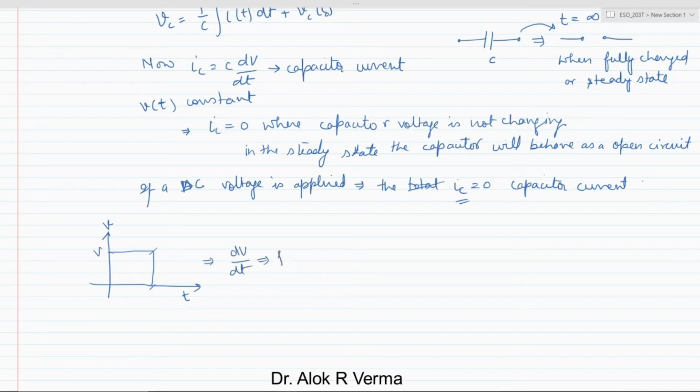This dV by dt multiplied by the capacitance, the iC current will shoot up very high, and that much high current will go to the other part of the circuit, and it may be very dangerous to the other components. So what is permissible is that whenever there is a capacitor, we should maintain a constant voltage or a smooth variation. We cannot suddenly change the voltage, it will not permit the voltage change, so it holds the voltage. This is the role of a capacitor.